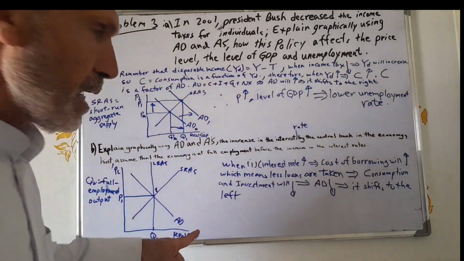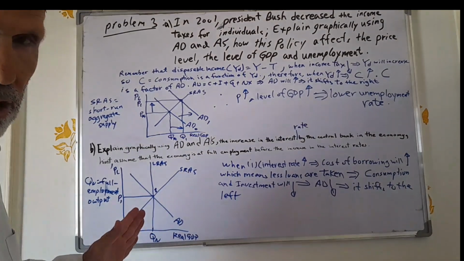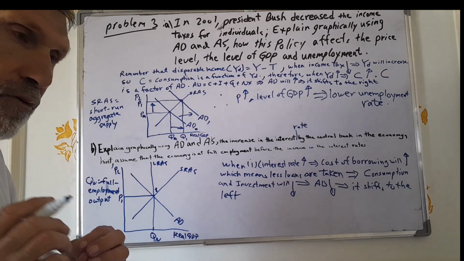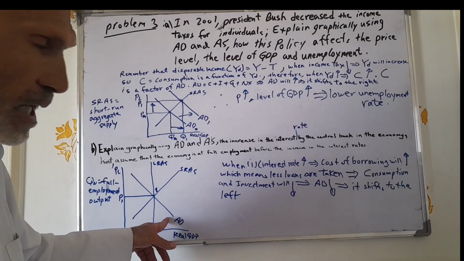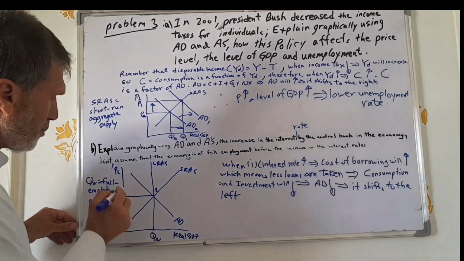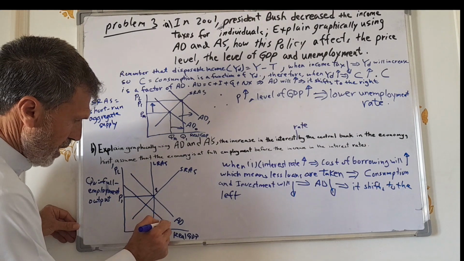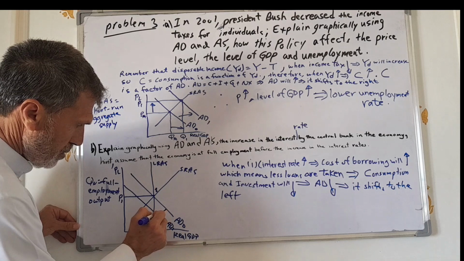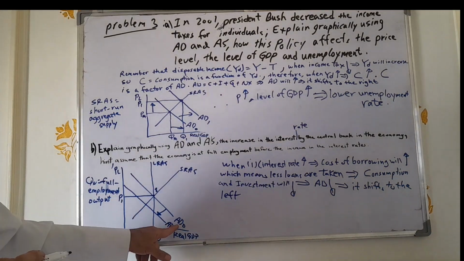Let's apply this over in this graph. Here, there's no change in the short-term aggregate supply. The only change is taking place with aggregate demand. So the aggregate demand will shift to the left. Let's shift it to the left this way. Aggregate demand, as you can see, shifts to the left from AD0 to AD1.